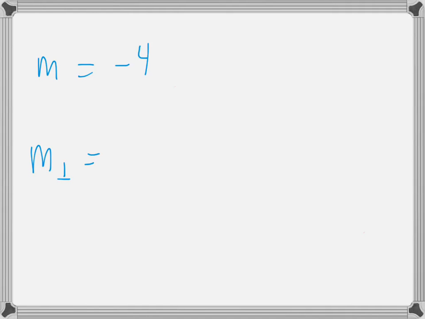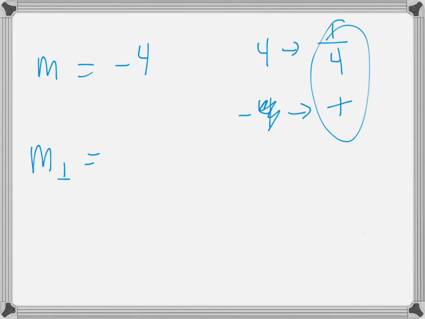Well, first I'd have to reciprocate 4. The reciprocal of 4 is 1/4. And then I'd have to take the opposite of negative 4, this one has a negative sign, so the opposite of that sign is positive. So let's put that all together. The slope of a perpendicular line would be positive 1/4.